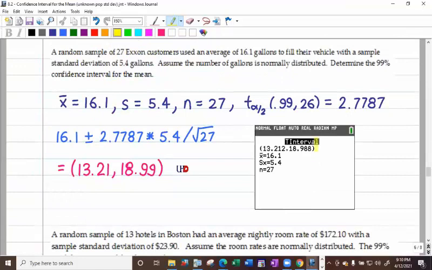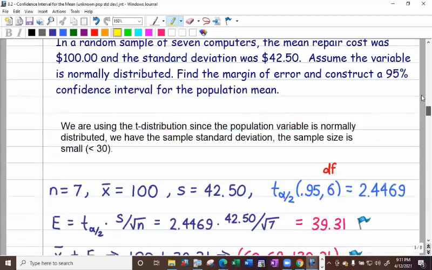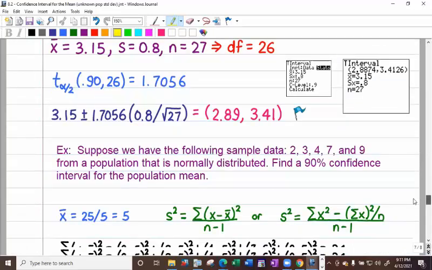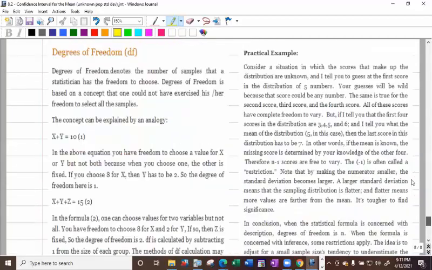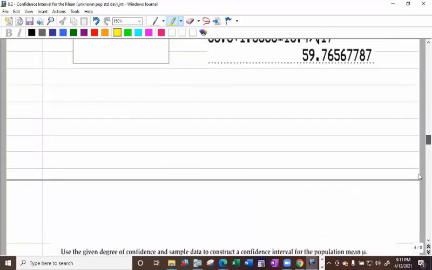Let's see. What do we got here? 27, 99%. So 27 means 26 degrees of freedom. What is it?